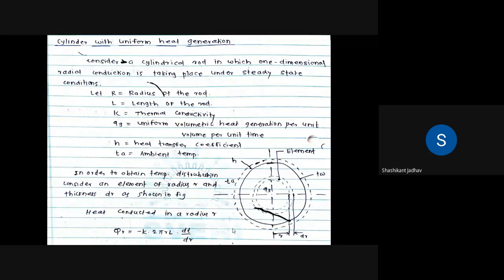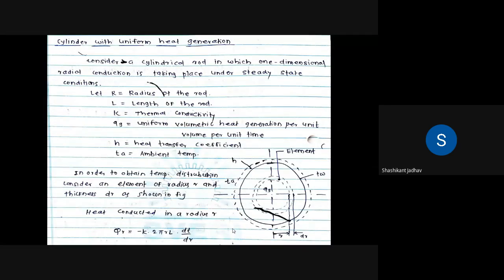At the center we consider one small element having radius r and thickness dr. The wall temperature we consider as Tw, and the surrounding temperature as Ta, that is the ambient temperature, and qg is the heat generated within that element. h is the convective heat transfer coefficient, so whatever heat transfers from the outer surface to the surrounding air, there is a convection mode of heat transfer.